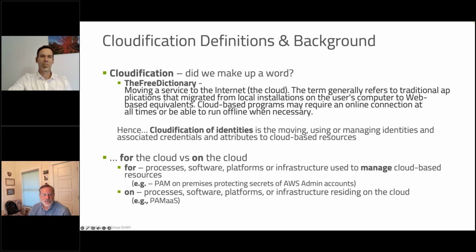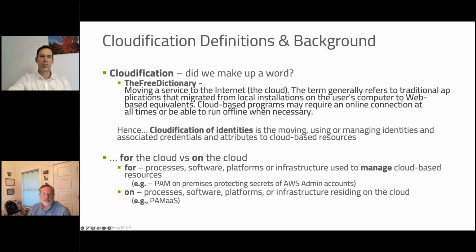Another thing that we want to make a distinction on is some of the questions that we're receiving about whether we're doing things for the cloud or on the cloud. And that becomes important at times when looking at technology. For the cloud are processes, software, platforms that are used to manage cloud-based resources.